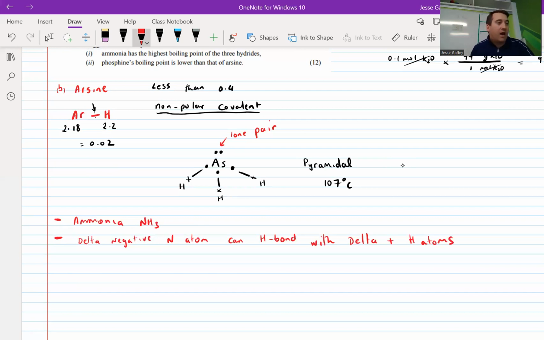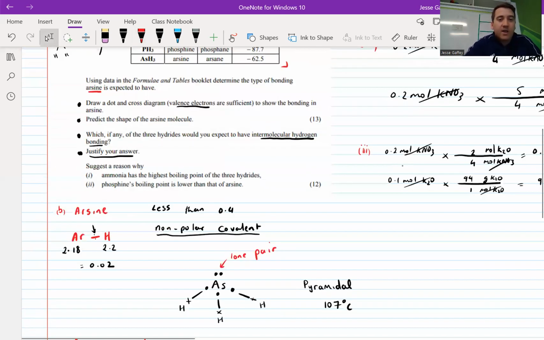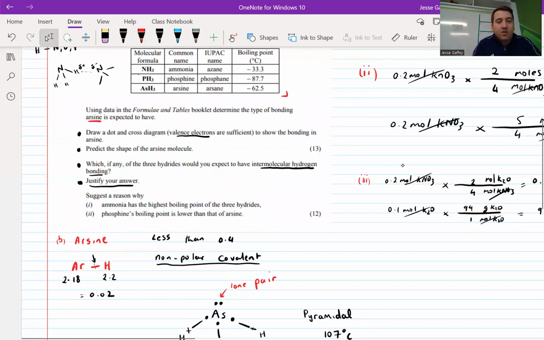Now the others don't have that. Because ammonia, NH3, has the nitrogen atom, that's going to be hydrogen bonding. The others will not. So there it is answered and justified.